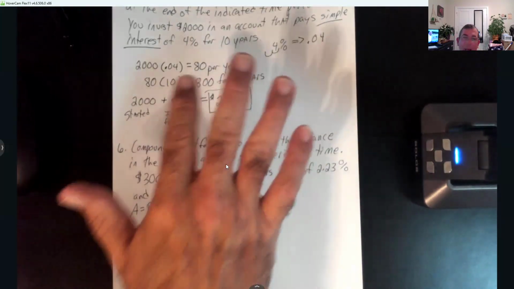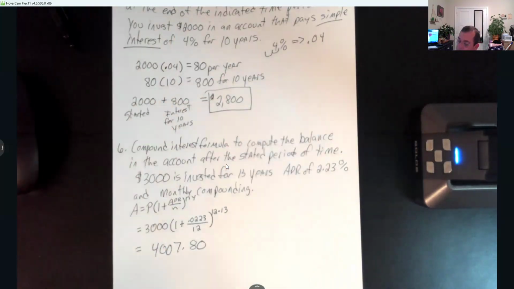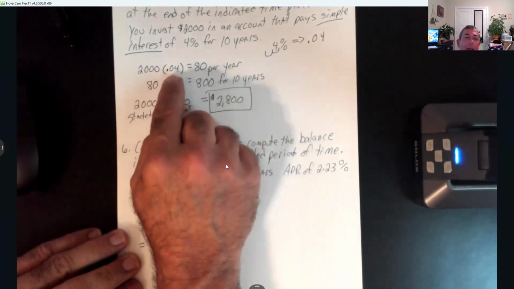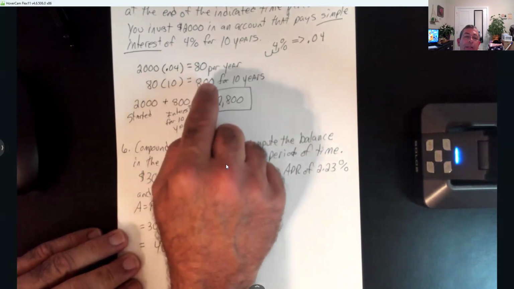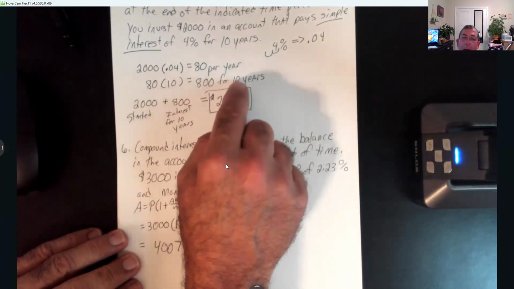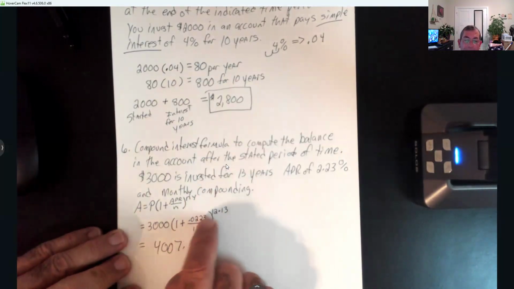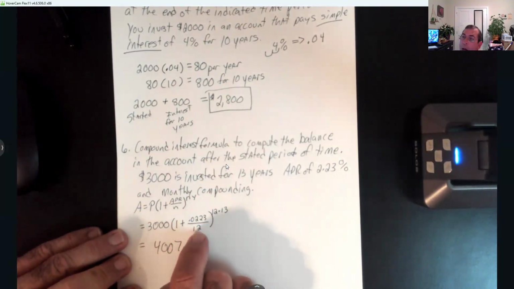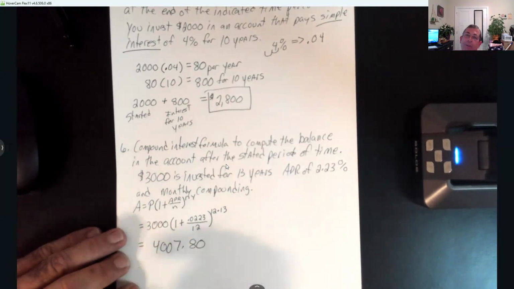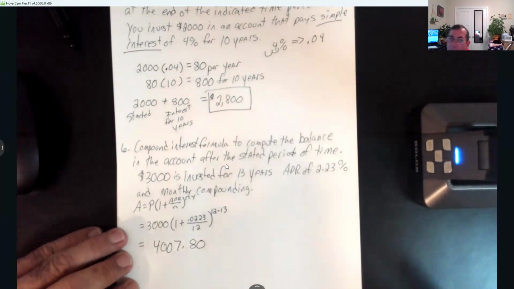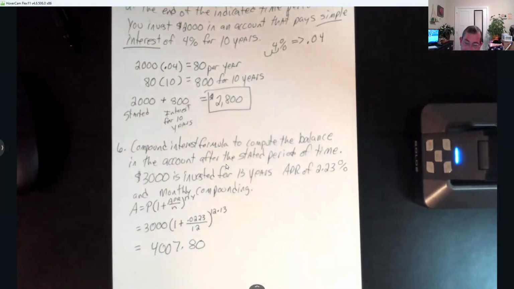So all y'all got to know is this type of stuff right here. Simple interest, I figure out the interest, and it's the same every year for however many years. Compound interest is affected by the number of compounds per year, okay? And that gives you more money in the long run than it does with the simple interest.